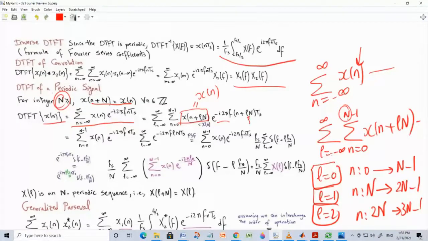The signal shifted by integer multiples of its period is exactly equal to the signal itself. And so we lose here the dependence on l, which is nice, because now we can take the stuff that depends on n, and there is only one summation that depends on small l.